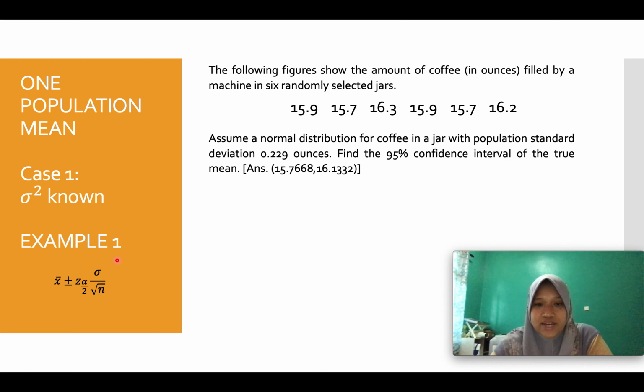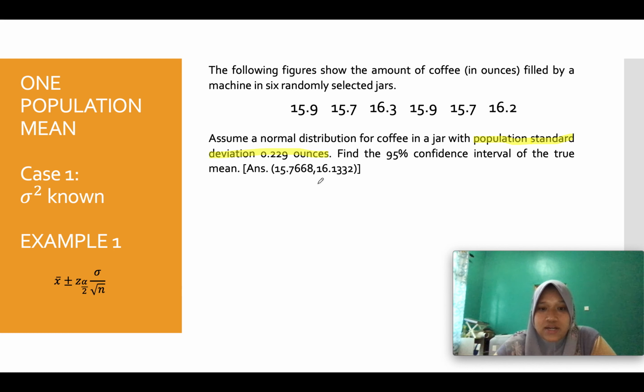So what is given here? Population standard deviation. You are given. We know the value of the population standard deviation, which is sigma.